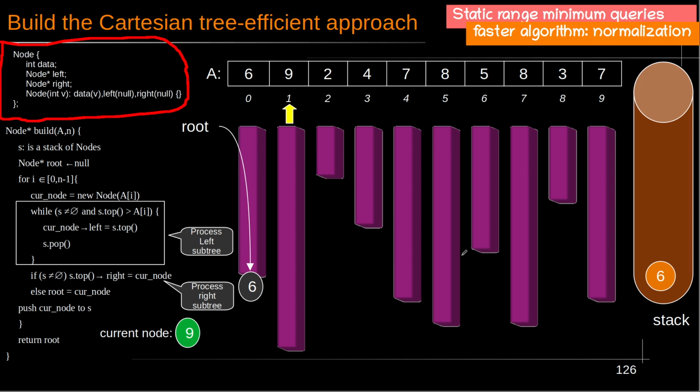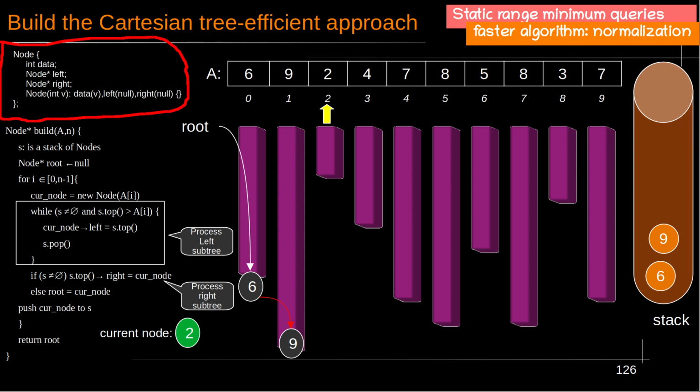The stack is not empty, so the right of the top element of the stack will be the current node, or the current node will be in the right subtree of the top of the stack. We push 9 to the stack. We push every element.